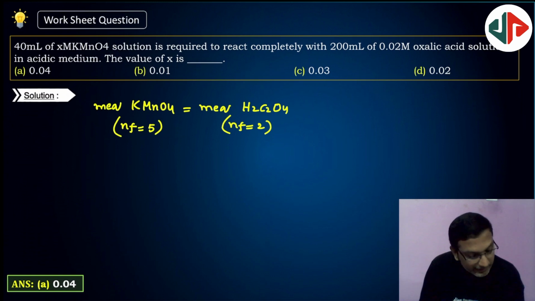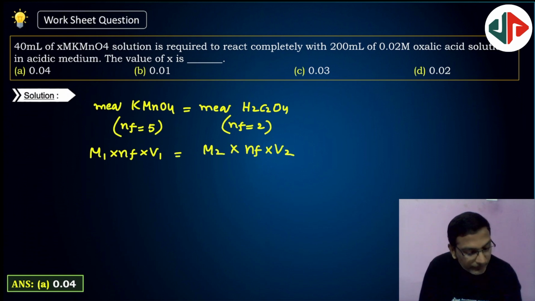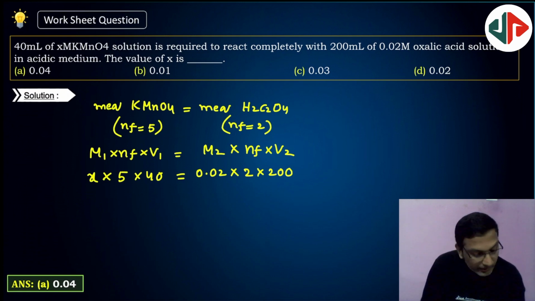So molarity into N factor into V1 equals molarity into N factor into V2. Here X into N factor 5 into volume 40 equals molarity 0.02 into N factor 2 into volume 200. Therefore, the X value will be 0.04.